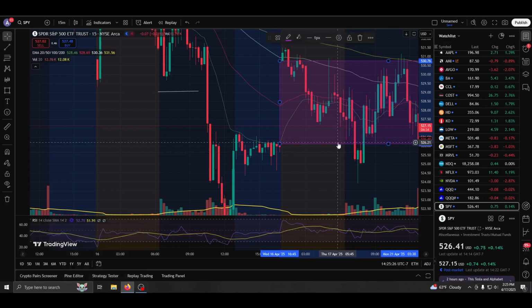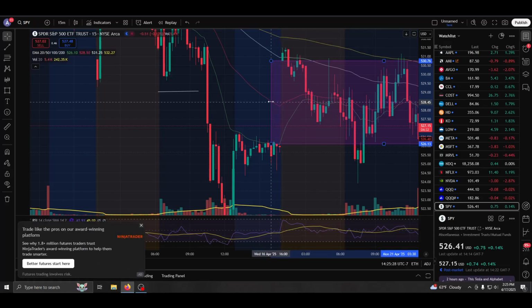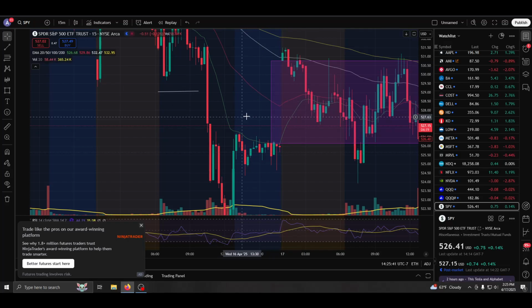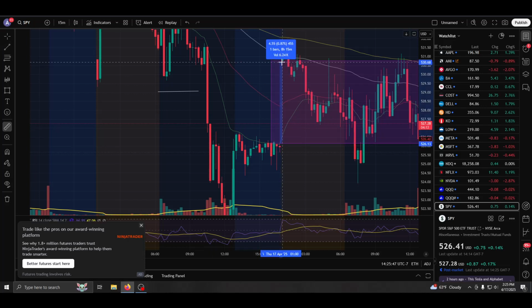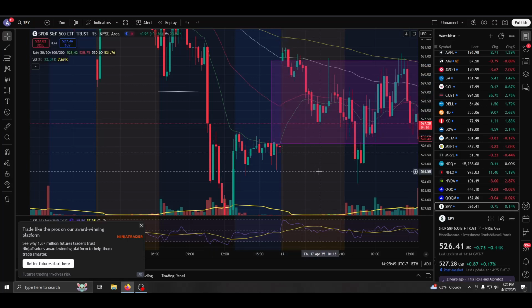Like so. I'm just going to extend that out so I can see it better. Like so. Okay, so you can see we're going off the last candle wick here to the first candle wick here. So this is after hours trading, and this is pre-market trading. Okay, so we had a pretty large gap fill here to the tune of almost 1%.